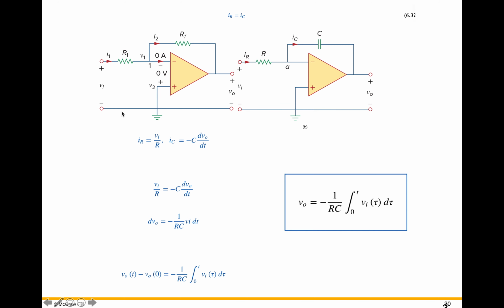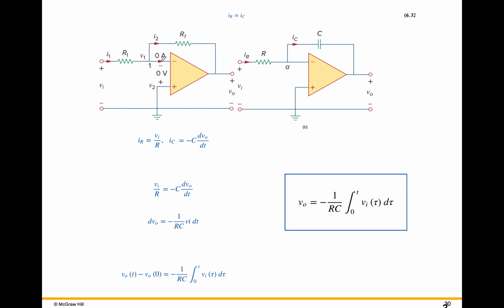On the left is our inverting amplifier circuit, where, if you recall, the output voltage is negative RF over RI times the input voltage. And remember, 0 amps coming in at the inverting input, so no current into the op amp.